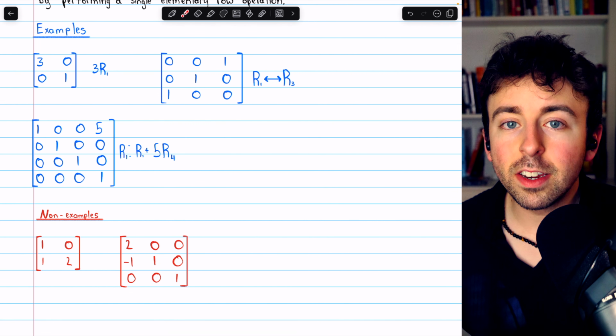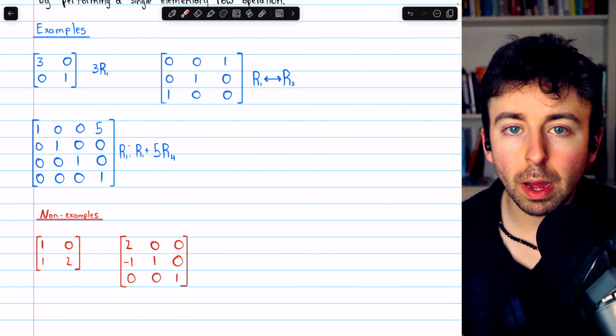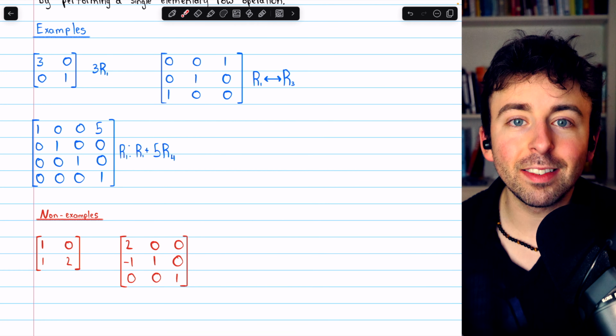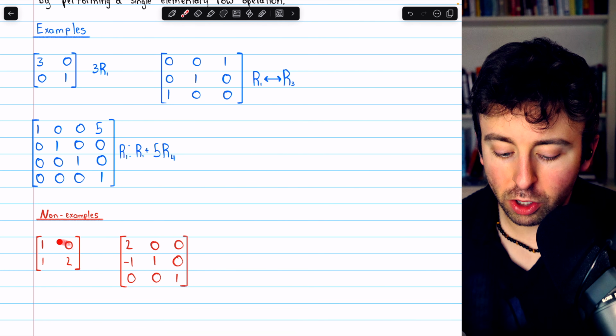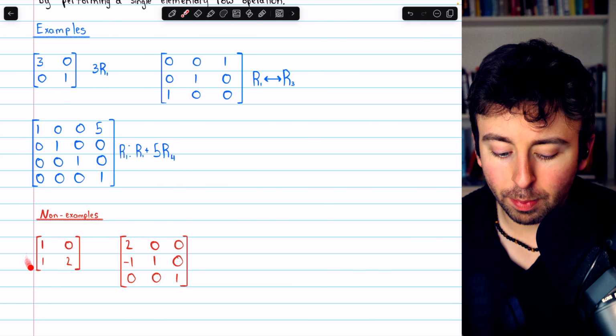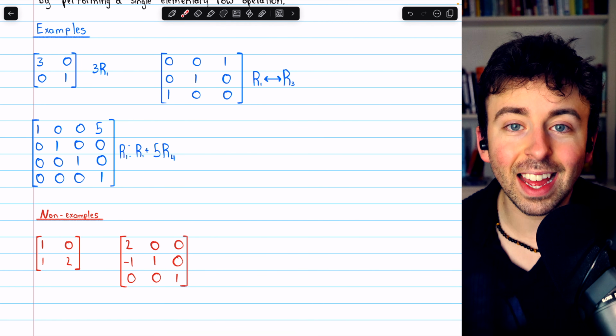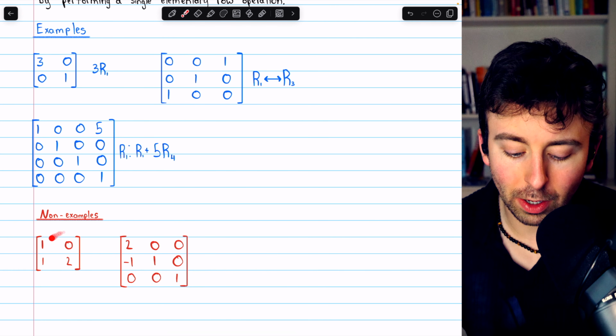If a matrix cannot be obtained from the identity by performing a single elementary row operation, that matrix is non-elementary. Here are 2 examples of that. This matrix is not an elementary matrix because 2 row operations must have been performed on the identity to produce this matrix.